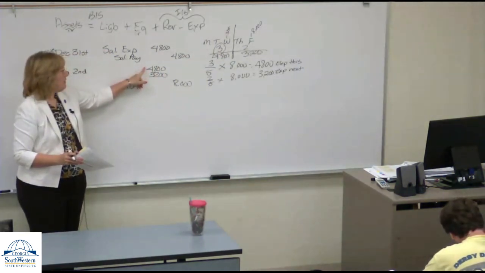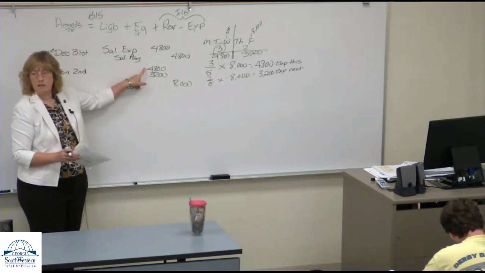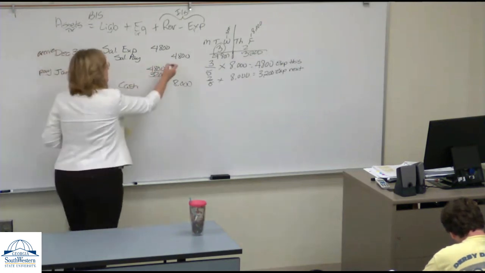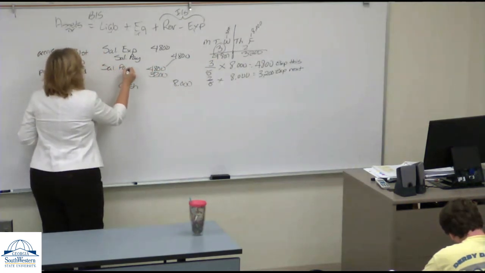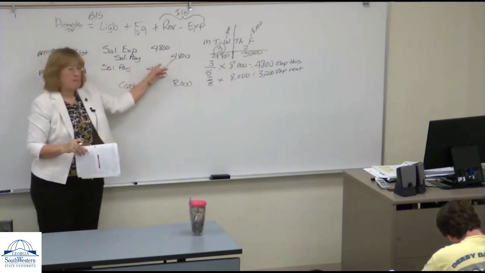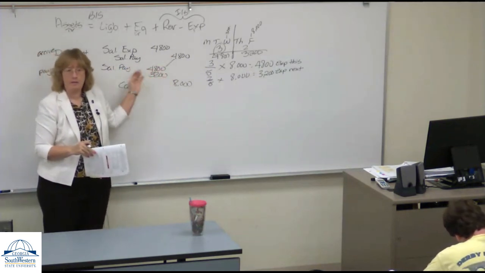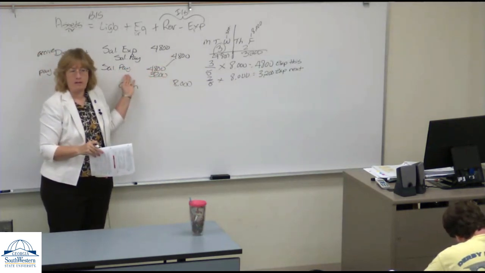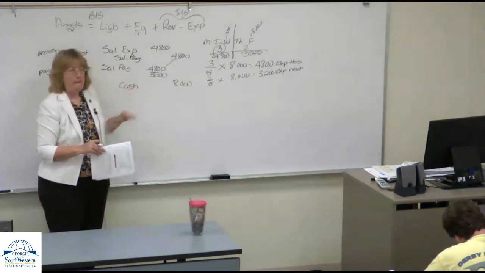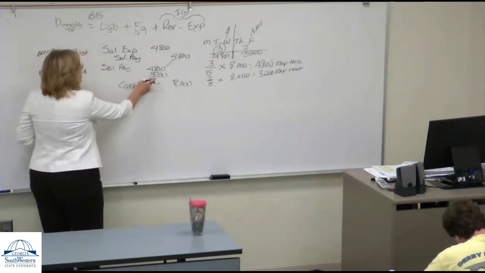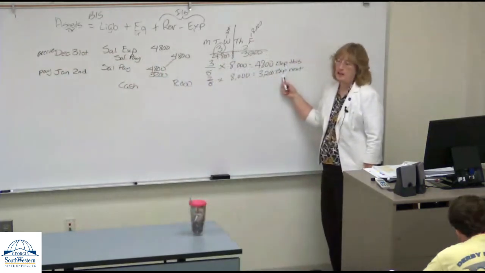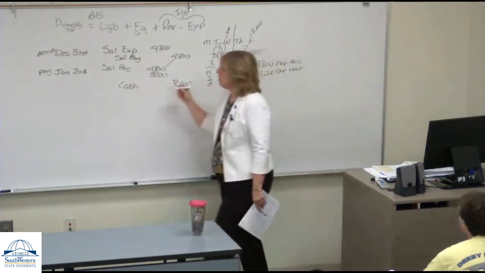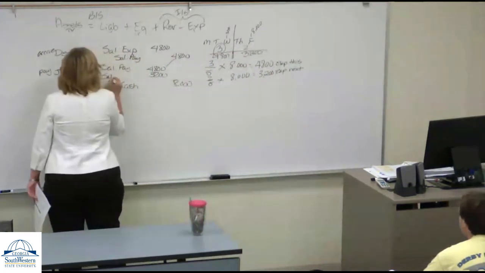What are we going to do with the $4,800? This is what we're going to offset the salaries payable. We're going to get rid of salaries payable. Now salaries payable is going to have a balance of 0, right? After we make this entry. And then this $3,200, remember we were going to expense that next period, so we're going to debit salaries expense.